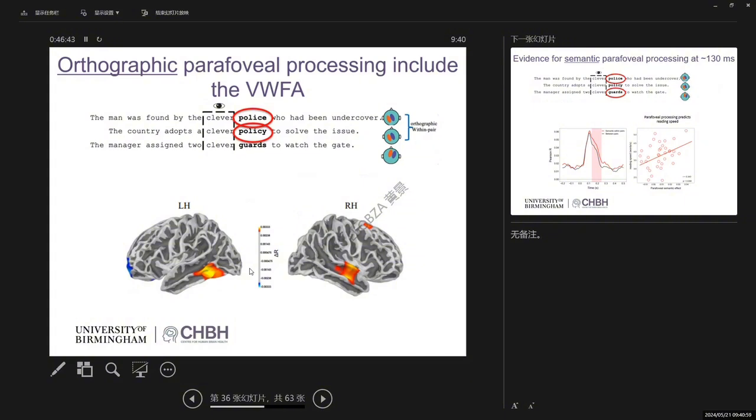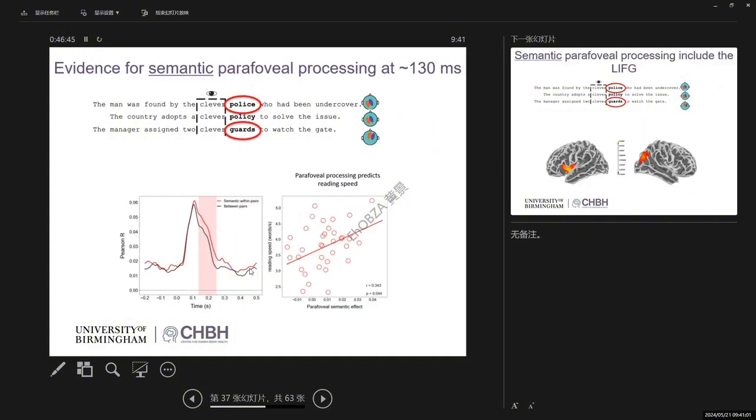Okay, so the next question is, what about semantics? This would be looking at the brain activity for, say, police versus guards, and then comparing that to a between-pair set of words. And again, this is derived when people look at the word clever, the pre-target word.